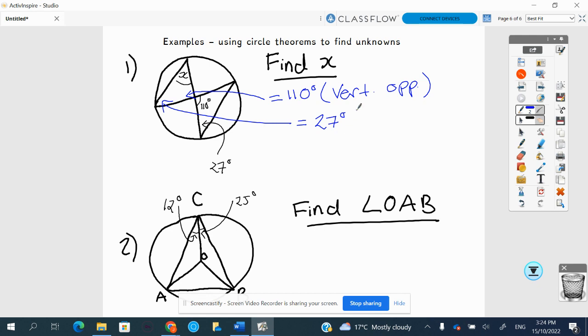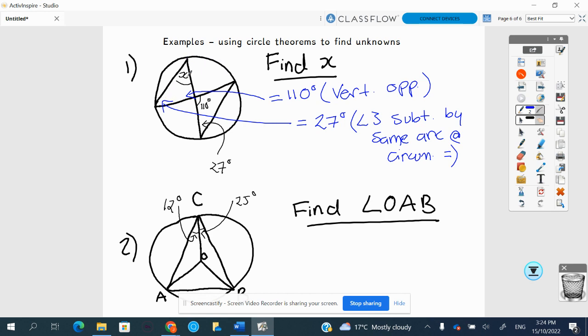And that is because it uses that theorem of angles subtended by the same arc at the circumference are equal. So it's going to be the same as this angle here because they're both subtended by this arc.